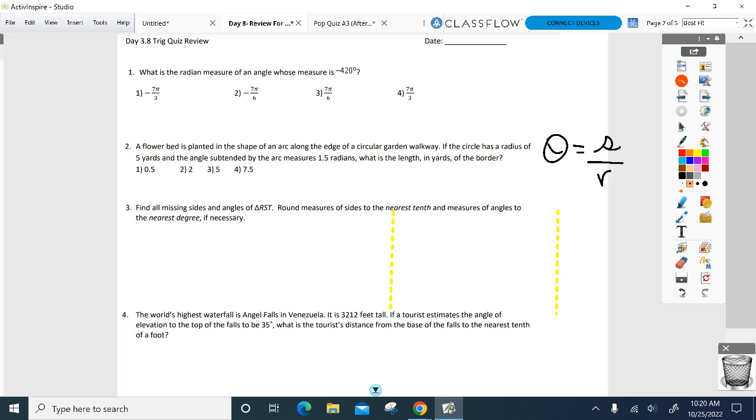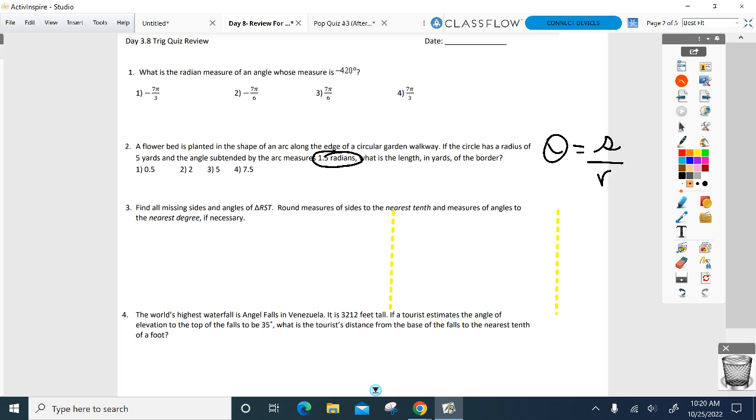When I got the problem wrong on my own, I put 1.5 over. No, see how it's in radians? There's only one thing that can be in radians, and that's an angle. I can't measure an arc in radians. I can only measure that in centimeters, inches. Same thing with the radius.